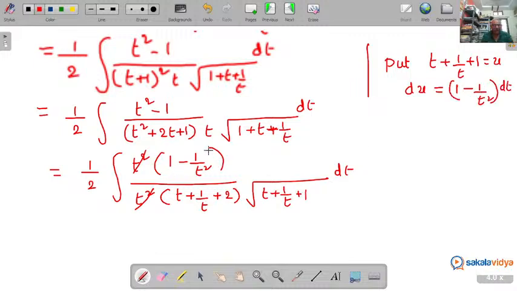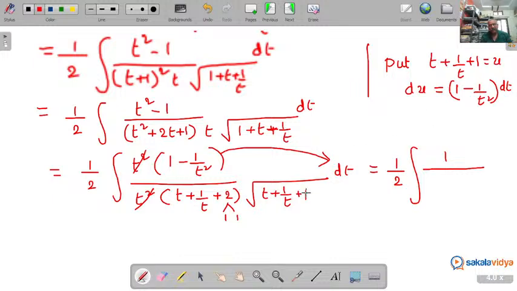So now this is replaced by du. So this becomes half integral of 1 upon (t plus 1) by (t plus 2), that is we can write 1 plus 1, so that is u.